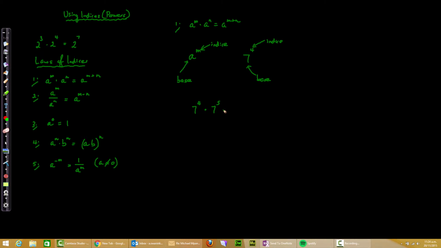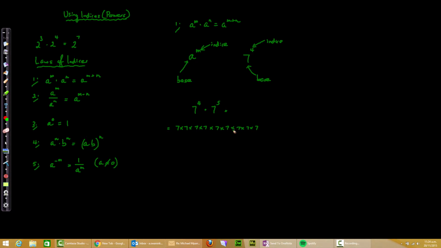And what this is simply saying is, well, we've got 7 multiplied together 4 times, and then we're multiplying, that dot means multiply in maths, in algebra especially, with 7 being multiplied together another 5 times.